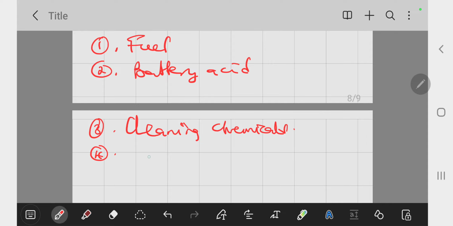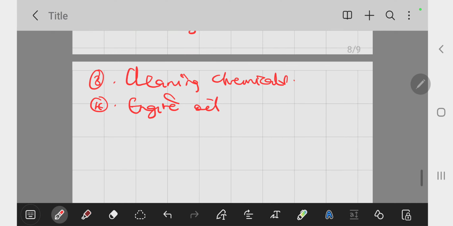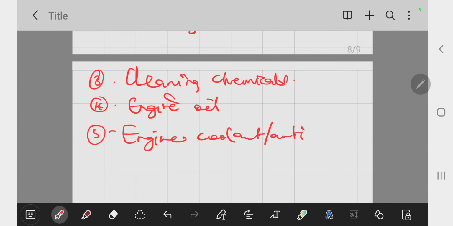Aside from that, you can have engine oil, then maybe you can also have engine coolant, some people call it antifreeze.